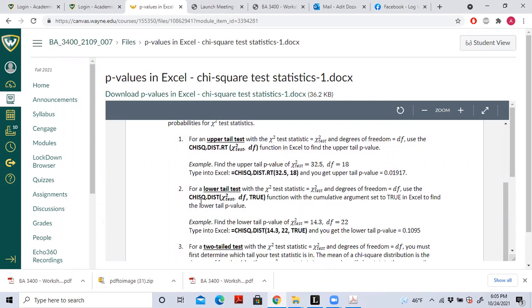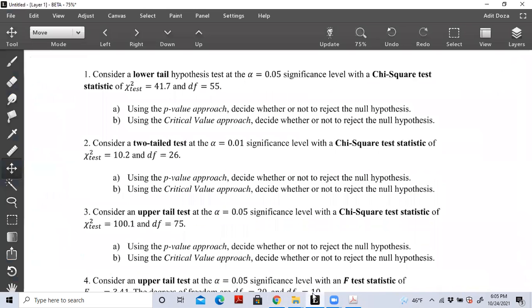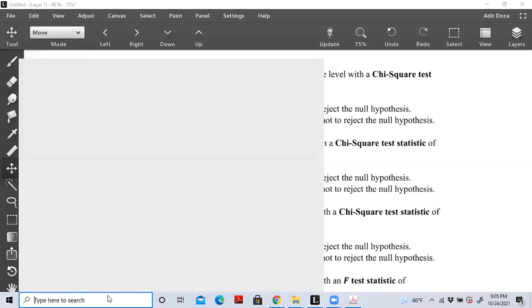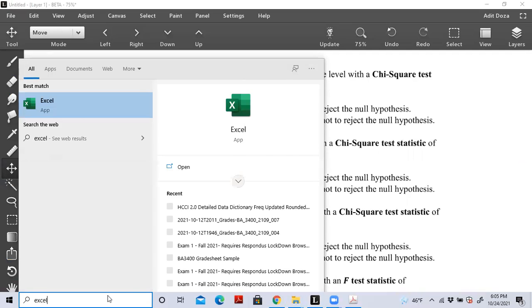It would be chi-square dot dist, then you put the test statistic value, then the degree of freedom, and then you put true for a lower tail test. Yes, so we have to use Excel. Let's open the Excel.